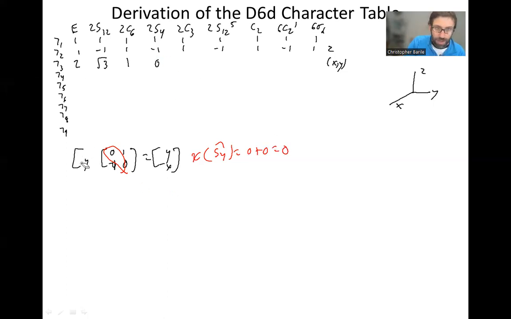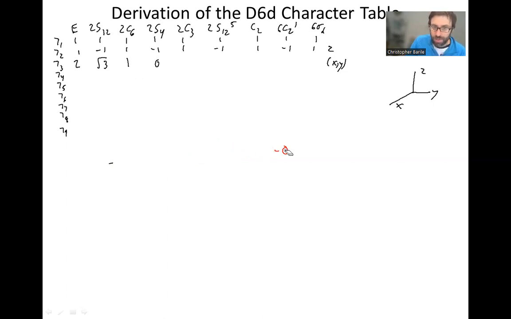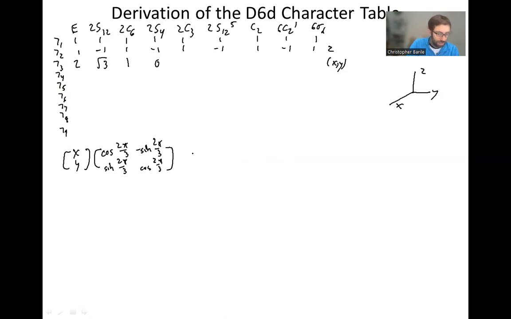All right, our next one is the C3 class right here, so we just march right along. We do a C3 rotation on the x vector and the y vector. We get cosine 2 pi over 3, negative sine 2 pi over 3, sine 2 pi over 3, cosine 2 pi over 3.